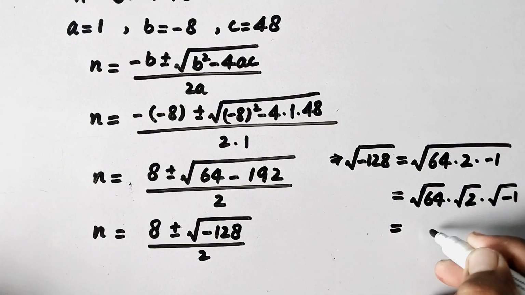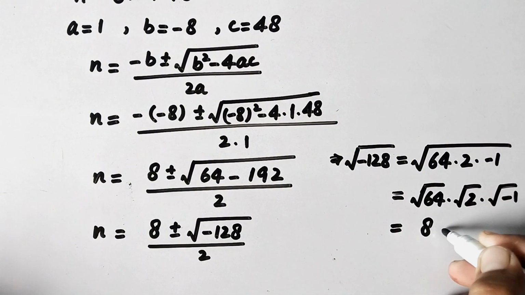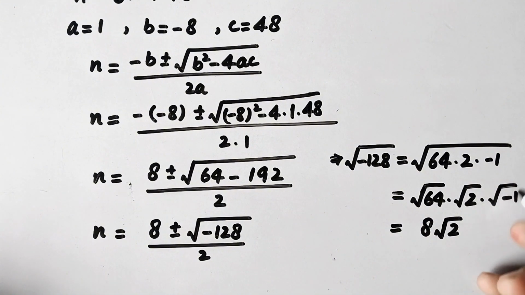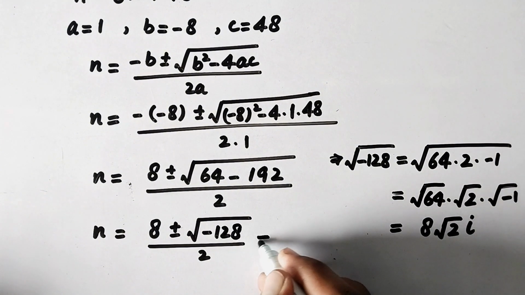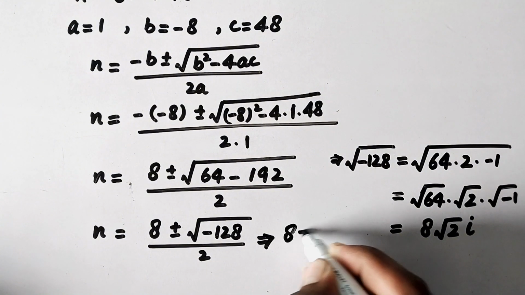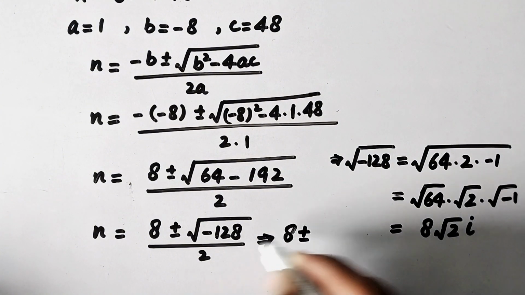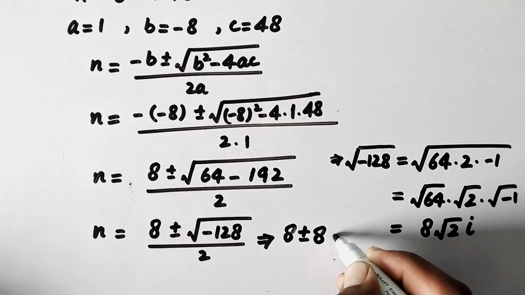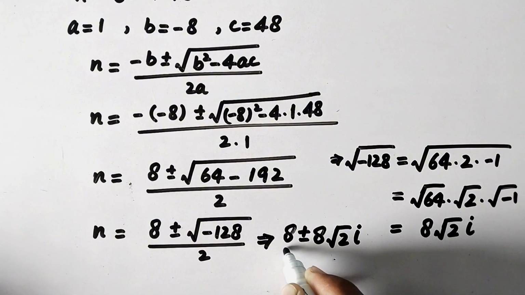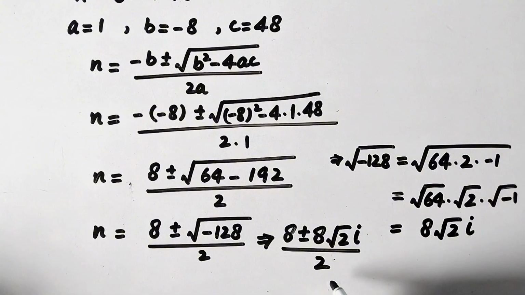That is the same as 8 times root of 2 times root of negative 1, and root of negative 1 is an imaginary number, that is i. So here we will put it, n is equal to 8 plus or minus 8 times root of 2 i divided by 2.